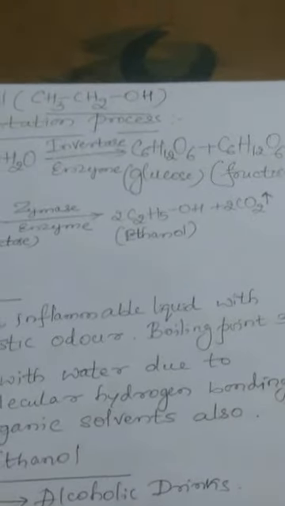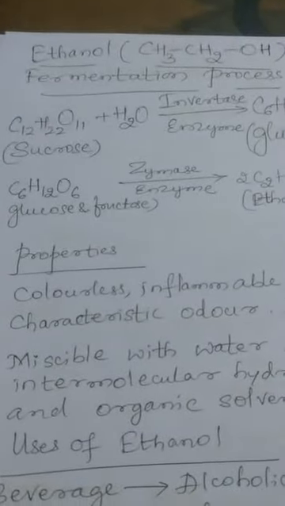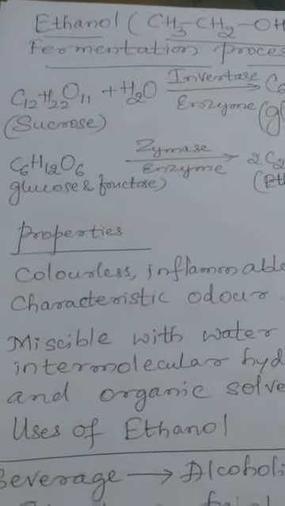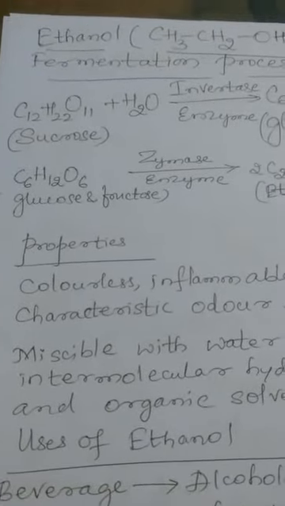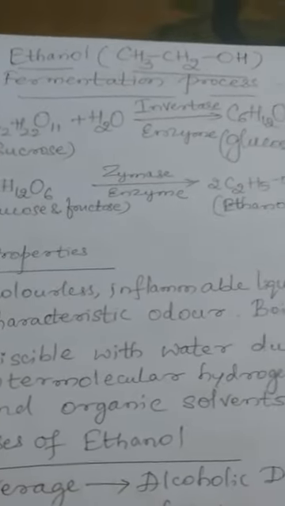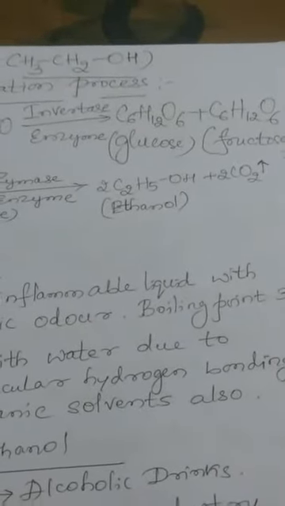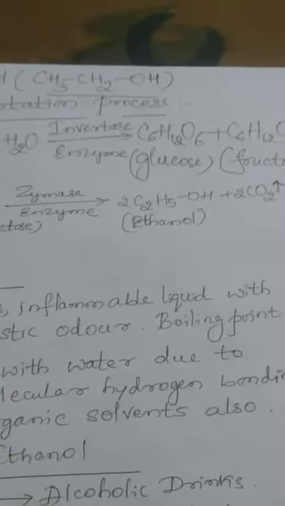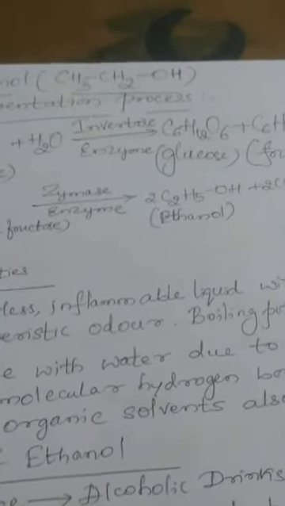In turn, there is another enzyme called zymase, which breaks down both glucose and fructose, which are isomers having the same molecular formula, C6H12O6, to ethanol, and there is evolution of carbon dioxide. So this is the preparation of ethanol, C2H5OH.